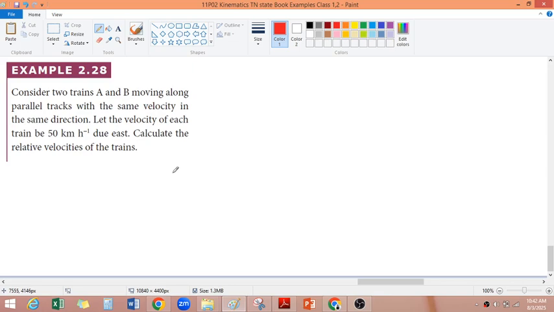Consider two trains A and B moving along parallel tracks with the same velocity in the same direction. The velocity of each train is 50 km per hour, so velocity of A is 50 km per hour and velocity of B is 50 km per hour.